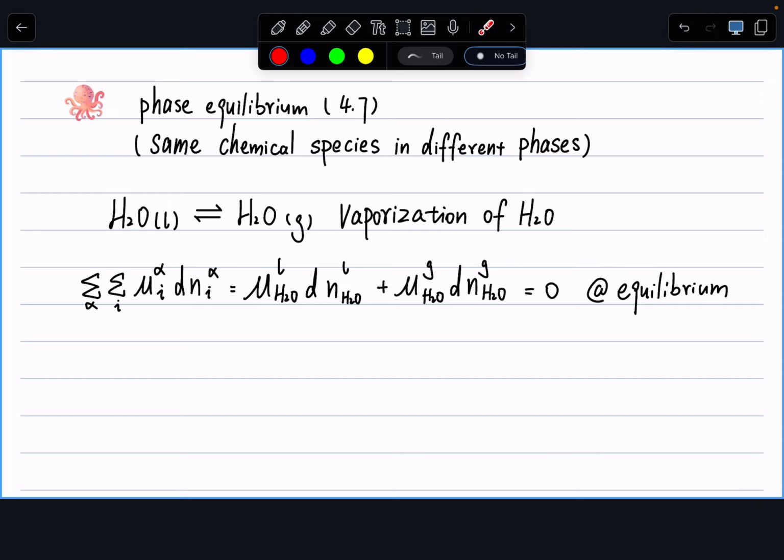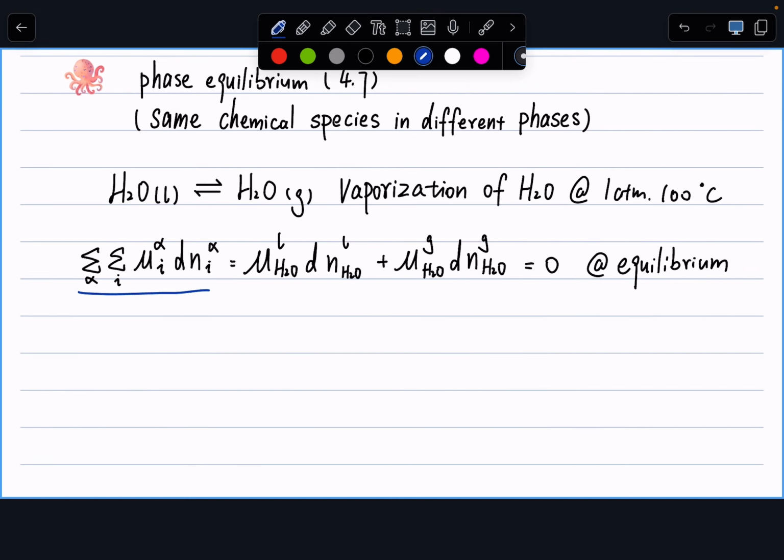First one, let's look at a reversible phase change, like vaporization of water. And let's say this is at 1 atm and 100 degrees Celsius. Right, so it's a reversible phase change, or reversible vaporization of water. So what do we know? We know that this double summation of my chemical potential times the differential of the number of moles of the substance that's changing must equal 0 at equilibrium.